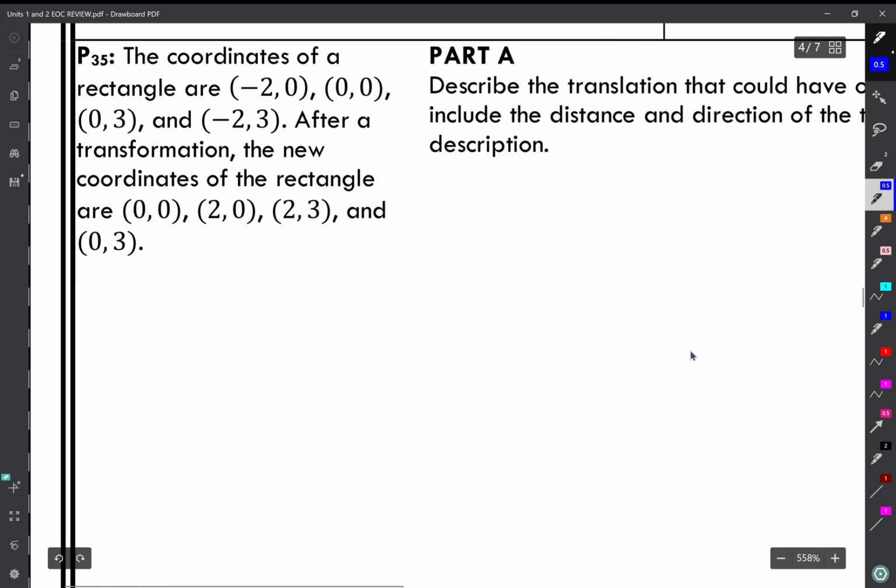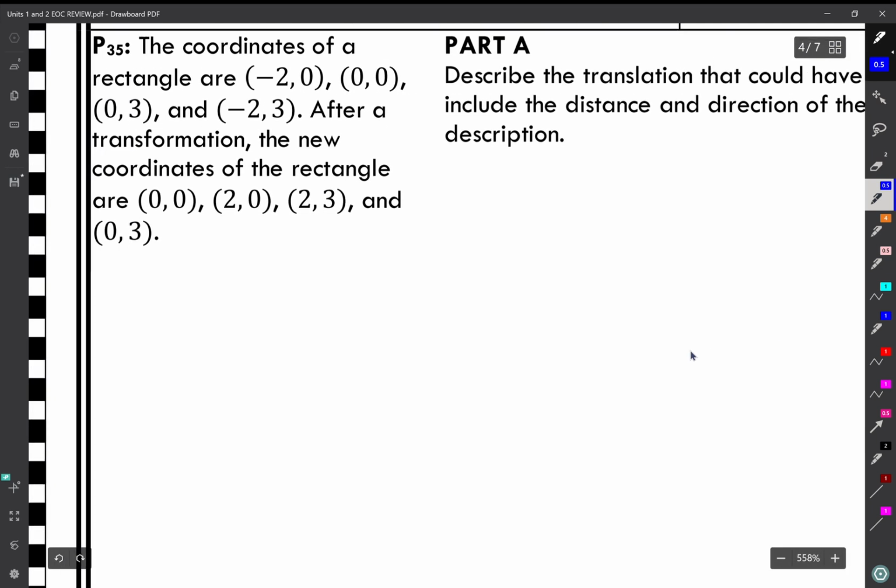Okay, now 35. The coordinates of a rectangle are negative 2, 0, 0, 0, 0, 3, and negative 2, 3. After a transformation, the new coordinates are 0, 0, 2, 0, 2, 3, and 0, 3. Okay, so let me draw out my graph real quick. Negative 1, this will be negative 2, 1, 2.